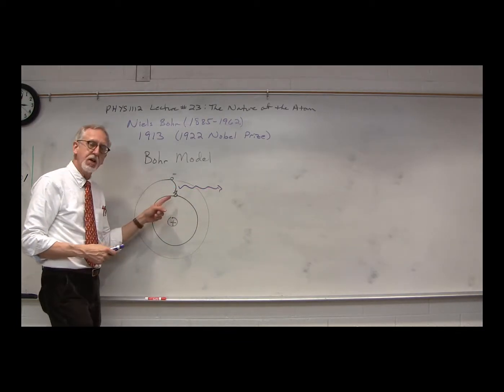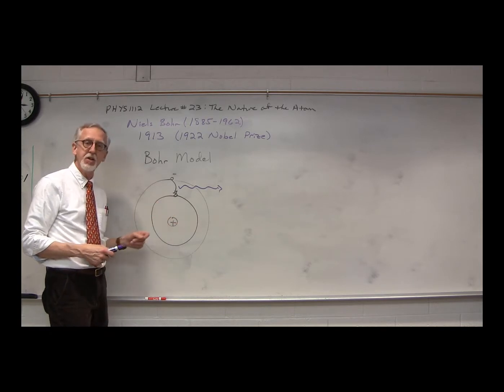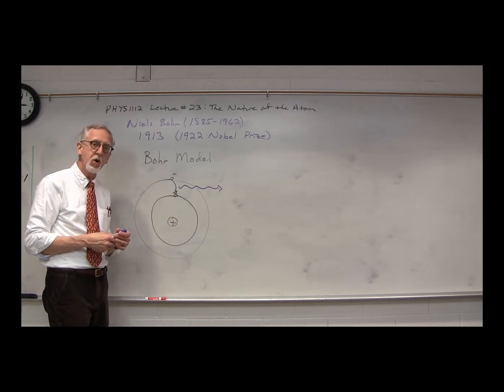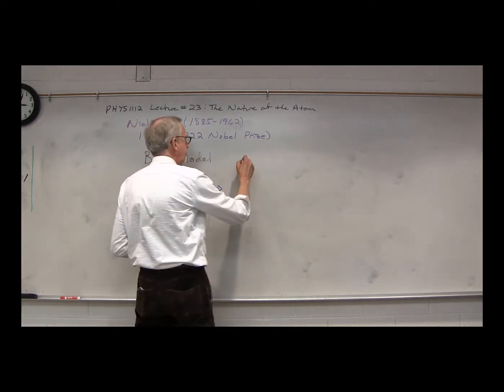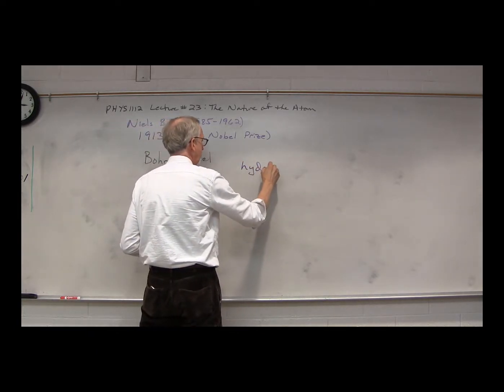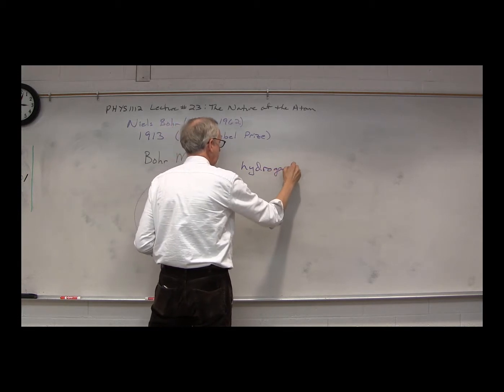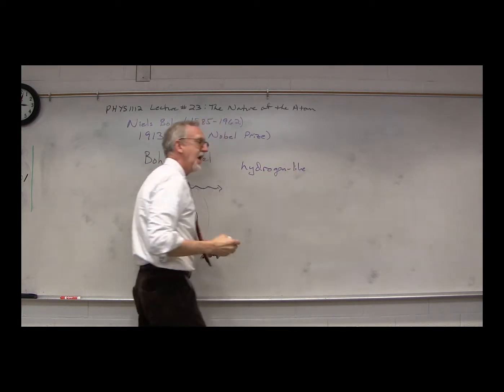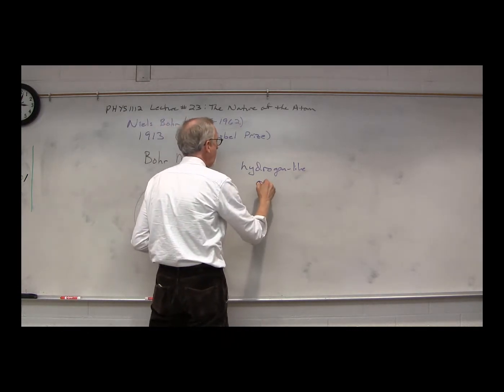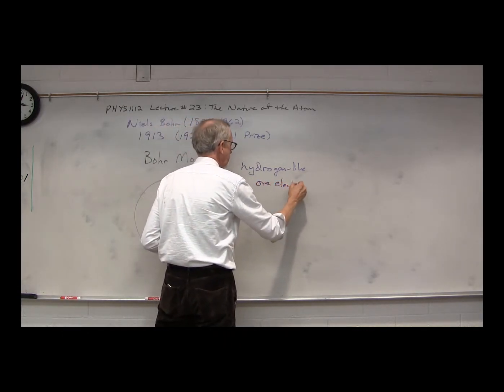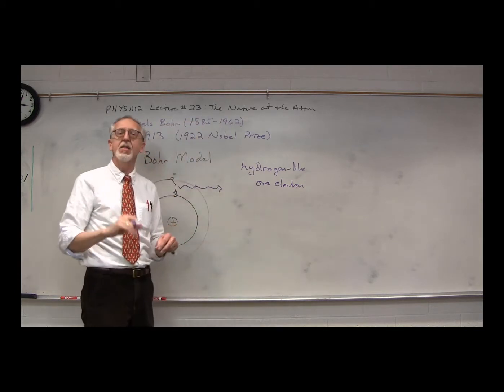Well, let's take a look at an electron going around a nucleus, and what we're going to do is look at what's called a hydrogen-like atom. A hydrogen-like atom means an atom with only one electron. So pick whatever element you want.